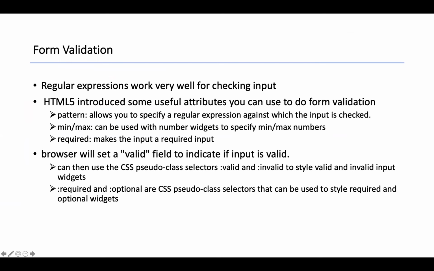Required is very helpful for getting the browser to actually enforce that all required form elements have a piece of input before the form gets submitted to the server. And you have these handy valid, invalid, and required, optional pseudo class selectors that you can use for styling your widgets so that people can see if they have given valid or invalid input, or whether they have filled out all the required widgets.